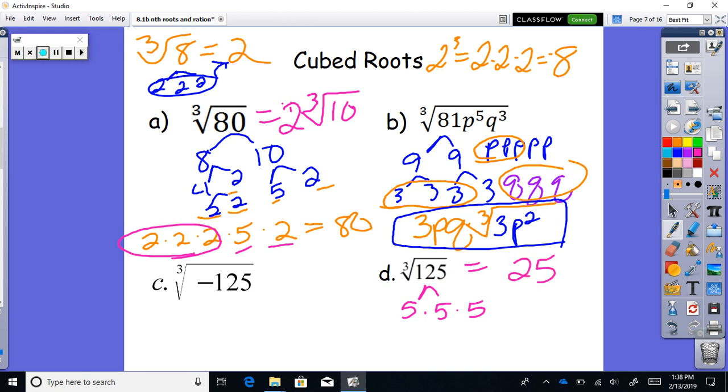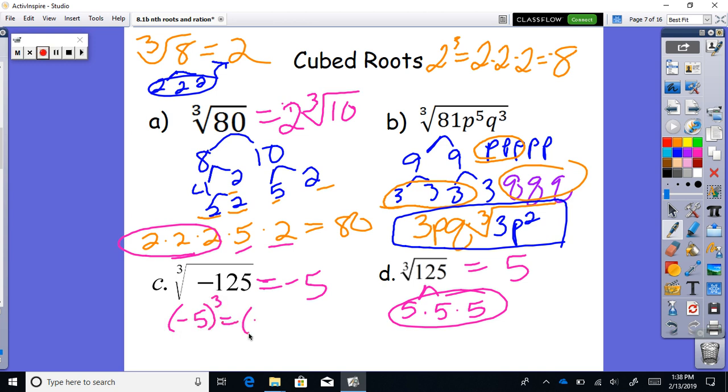So the cubed root of 125 equals, sorry, not 25, 5. One group of 5. And so the cubed root of negative 125 equals negative 5. And if you think about it, it makes sense because negative 5 cubed would be negative 5 times negative 5 times negative 5.